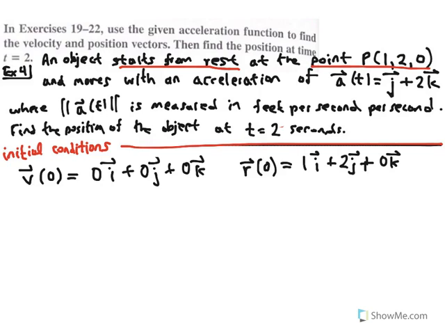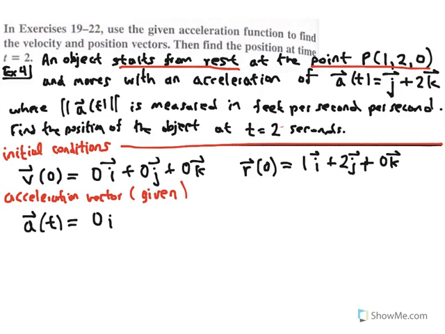So having identified the initial conditions, let's read on. An object starts from rest at the point P(1, 2, 0) and moves with an acceleration given by this acceleration function, a of t is equal to 1j plus 2k. You don't see an i component, so that means the i component is 0. So you can write 0i plus 1j plus 2k.